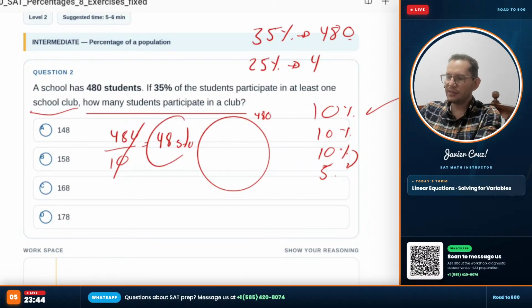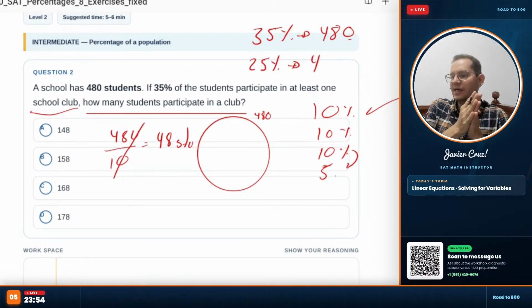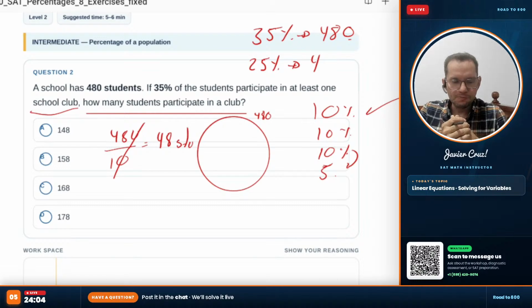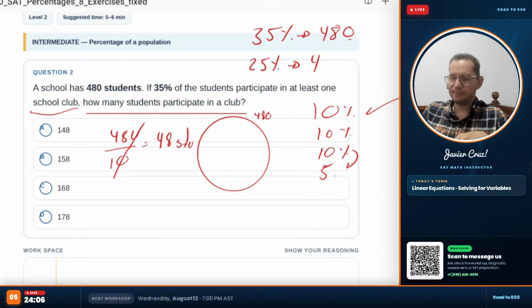Don't forget to write which number it means. Sometimes students are confused about the number that we are finding. Sometimes they think it is a percent or maybe dollars, price, pence.